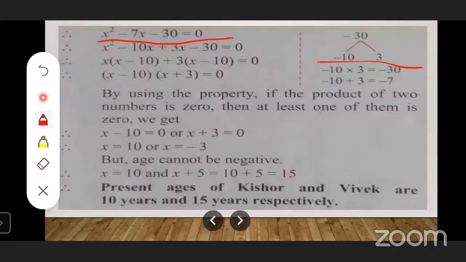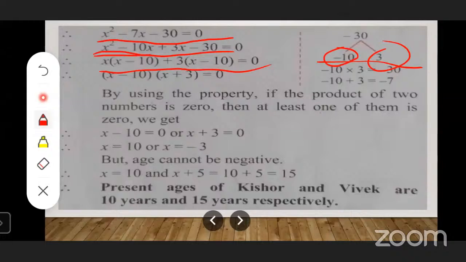Let us rearrange. X square, which factors am I using? Minus 10 and plus 3, right? So I am writing x square minus 10x plus 3x minus 30 is equal to 0. Now what will be my next step? I will find the common. What is common here? X is common here.